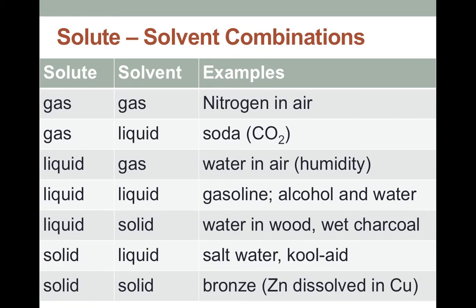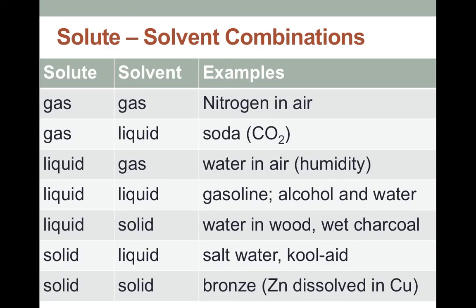Okay, if you dissolve a liquid into a solid, an example would be like water and wood, or if you get a piece of charcoal and soak it in water, the charcoal will dissolve the water into it and you have wet charcoal. Okay, so what about dissolving a solid into a liquid? This is the most common thing and probably what you immediately think of when you think of a solution, and that's like salt water or Kool-Aid.